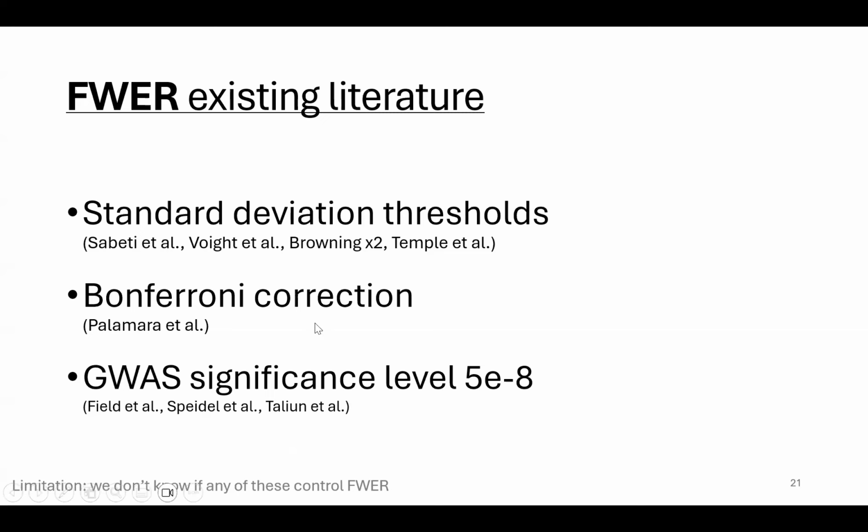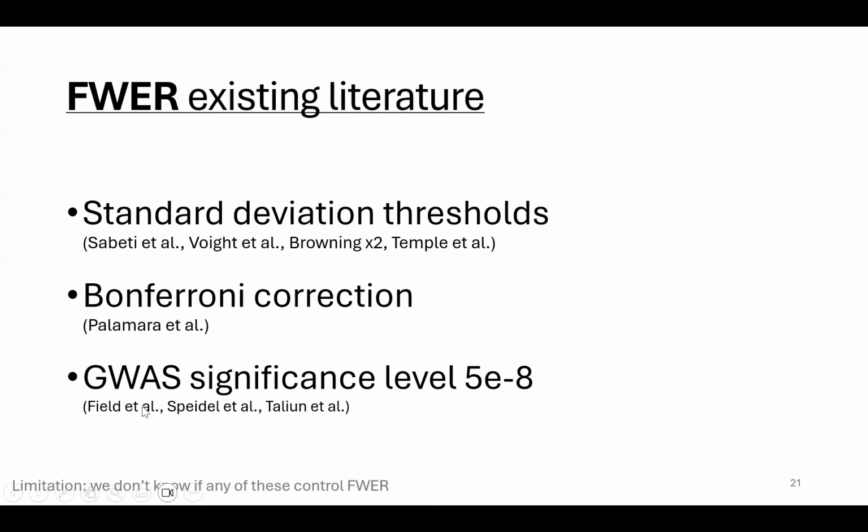Some other authors have spaced their summary statistics around the genome and used a Bonferroni correction. And I guess the hope is that they've adequately spaced their summary statistics such that they're not super correlated hypothesis tests.